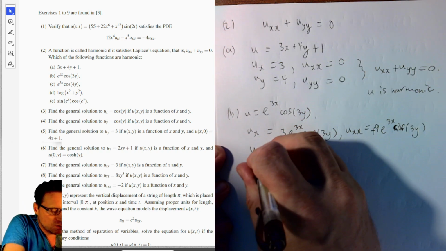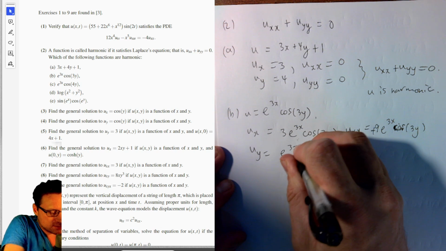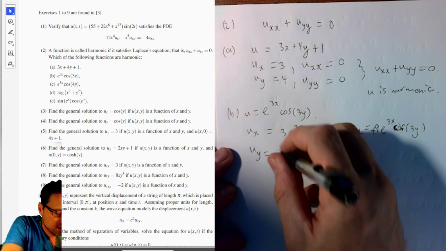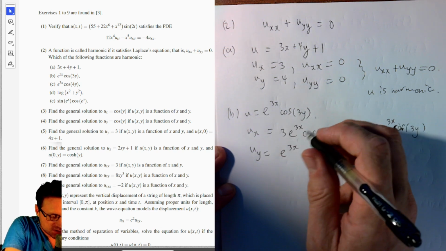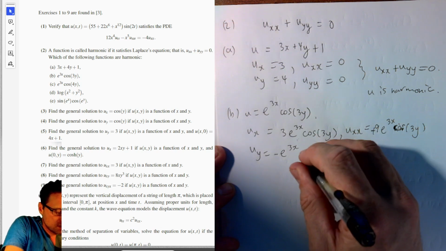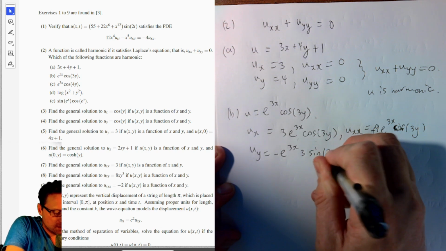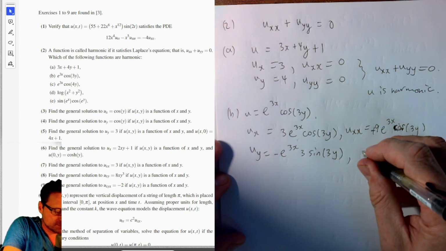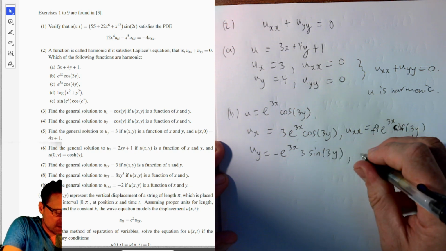Okay, now u_y is e to the 3x times the derivative of cos of 3y with respect to y. Now cos goes to minus sine, so minus, and then 3 sine 3y. Okay, doing this again, we would pull out another 3.